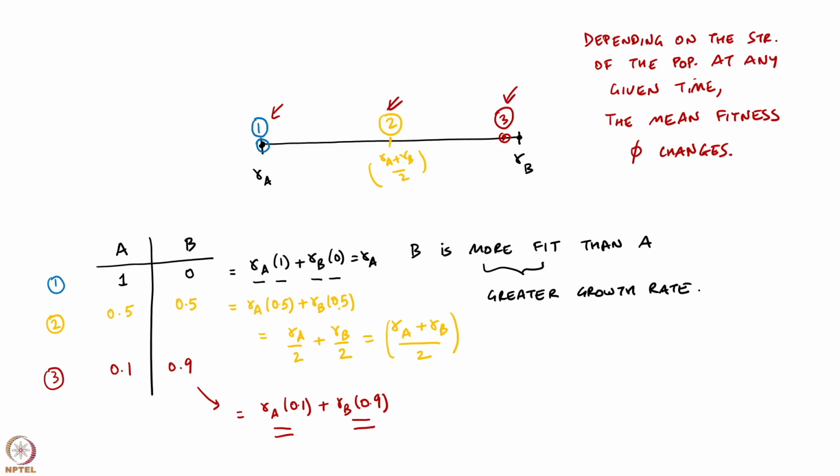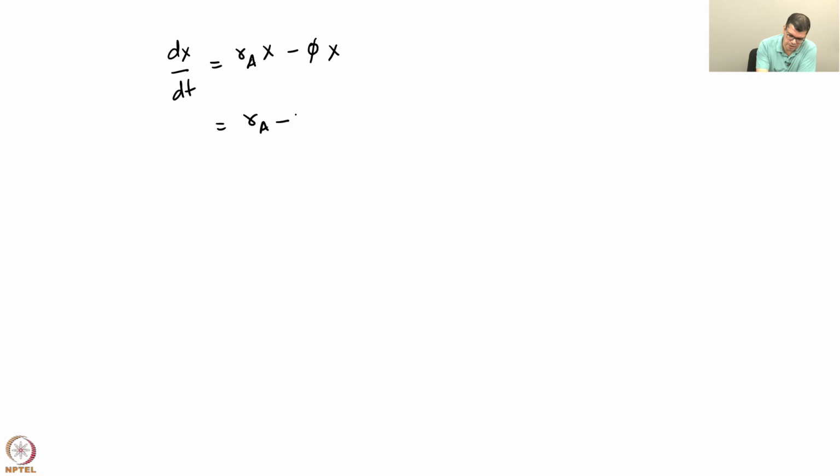So, again let us go back to the equation that we were writing. Rewriting the equation, we have dx by dt equal to RA times x minus phi times x. Now, I can write this as (RA minus phi) times x.